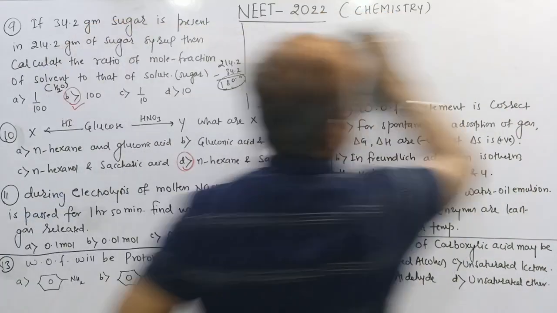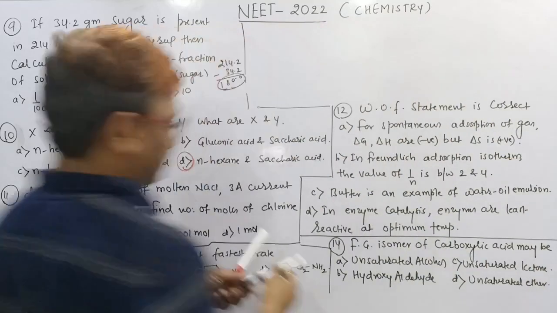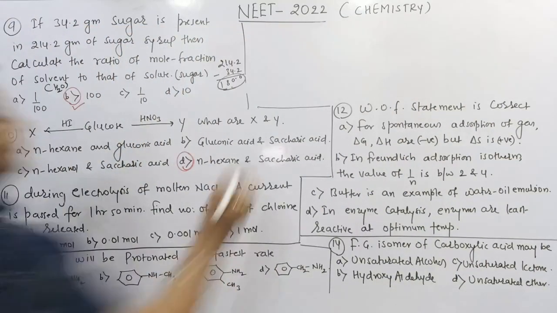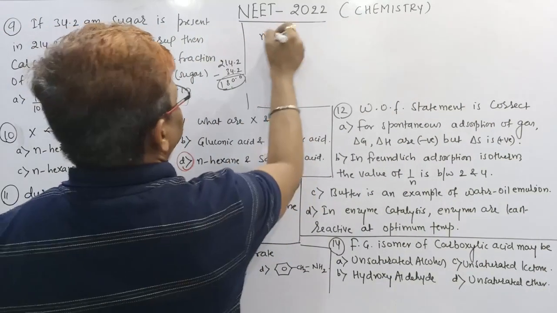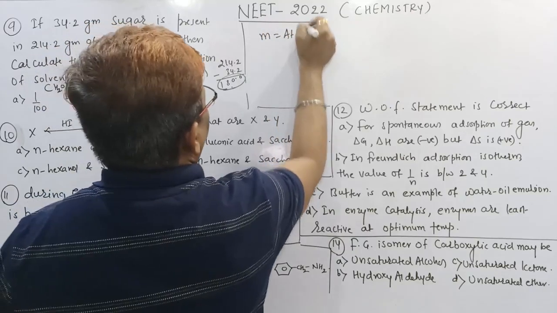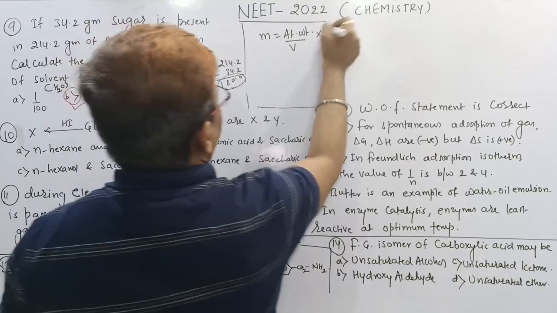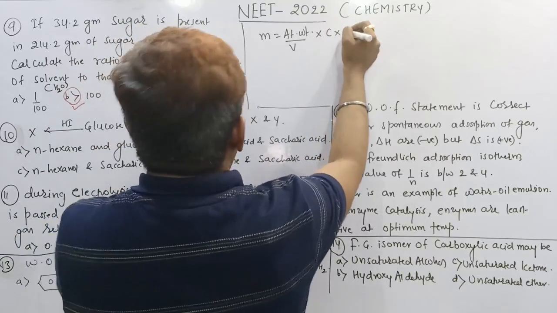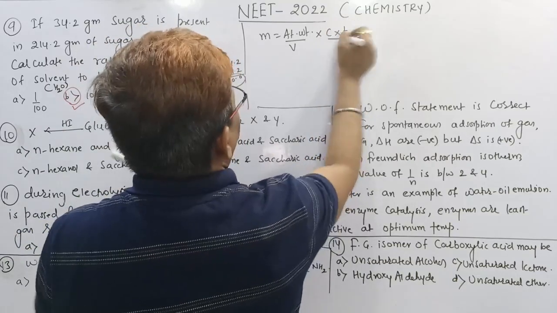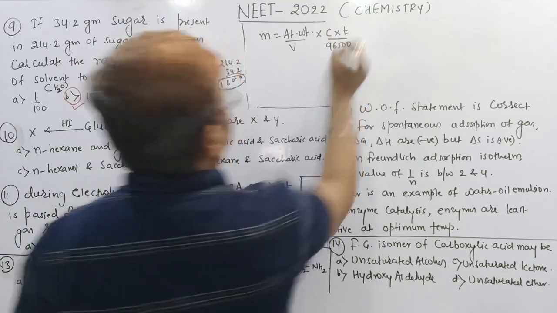M is equal to atomic weight by valency into C into T by 96,500.